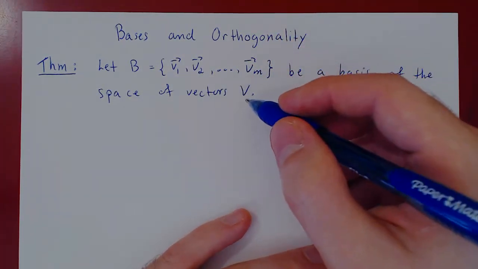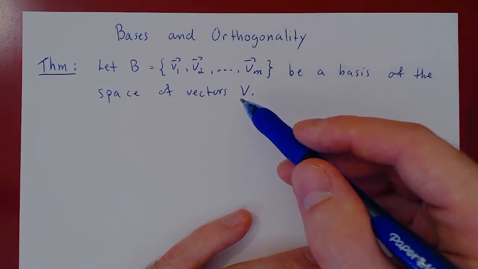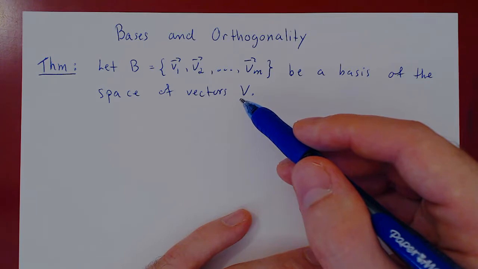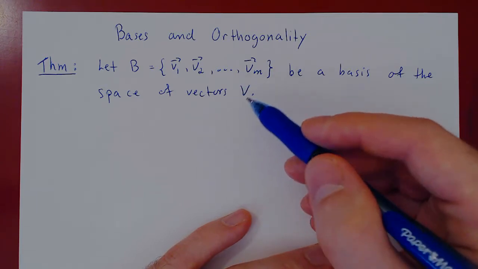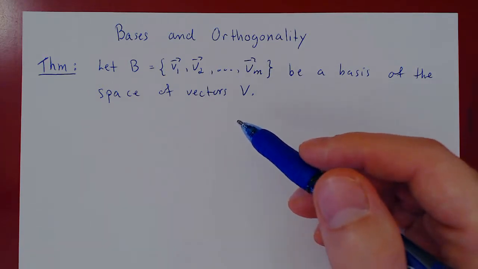It could be Rn, it could be a line, it could be a plane, or another object, as we saw, say, the kernel of a matrix or the image of a matrix. So V is some space of vectors, and B is a basis of this space.